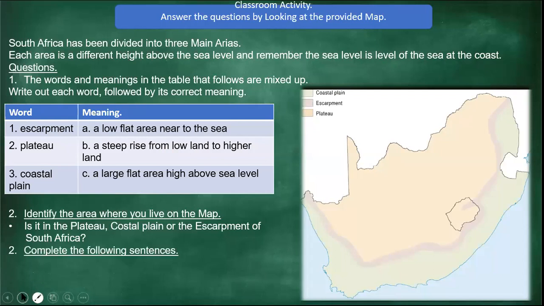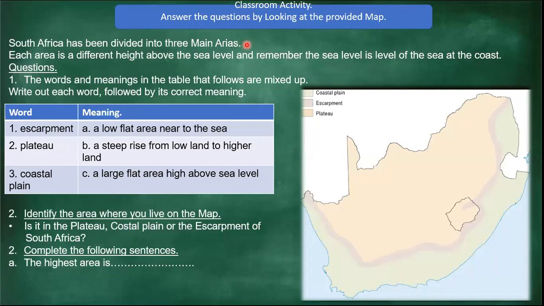Complete the following sentence. The highest area is... raise your hand. The highest area is the escarpment.